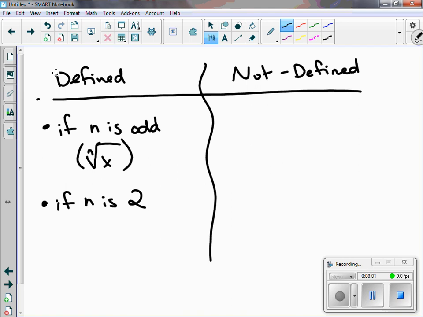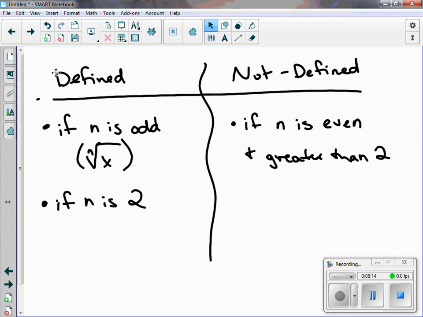Otherwise, it's not defined if n is even and greater than 2. In that last example, since it was an odd root, it was already defined, so we didn't have to worry about that. But the special case there is if n is 2 or if n is even and greater than 2. The reason being is because with it having been a square root, you can have that imaginary number, so that's just something to note.